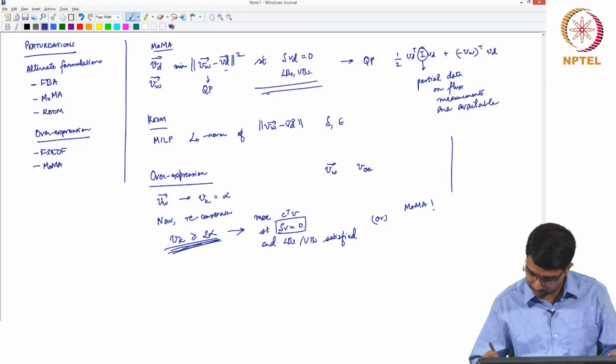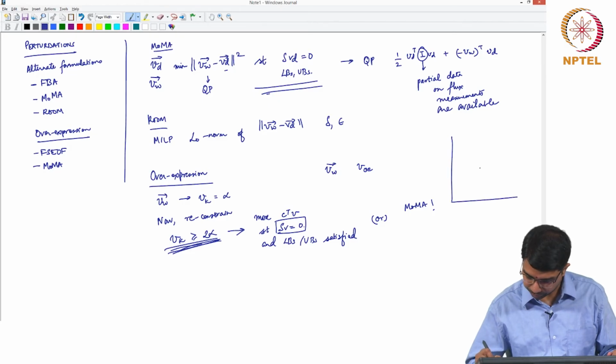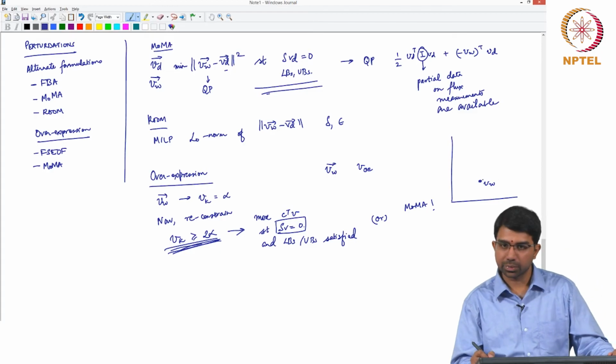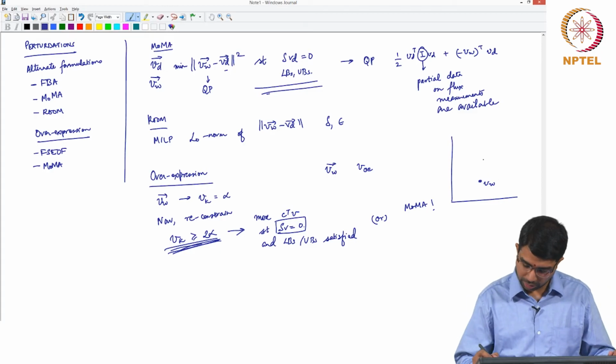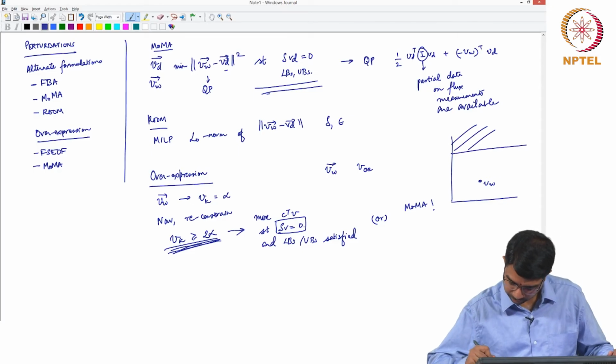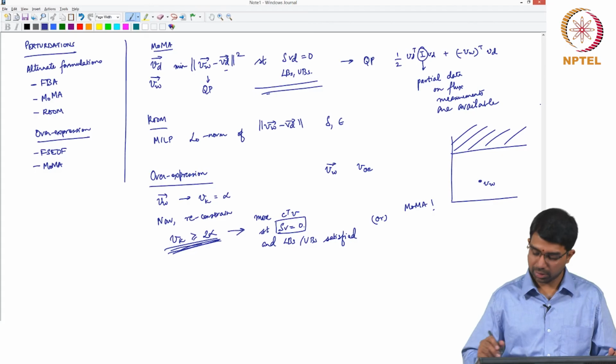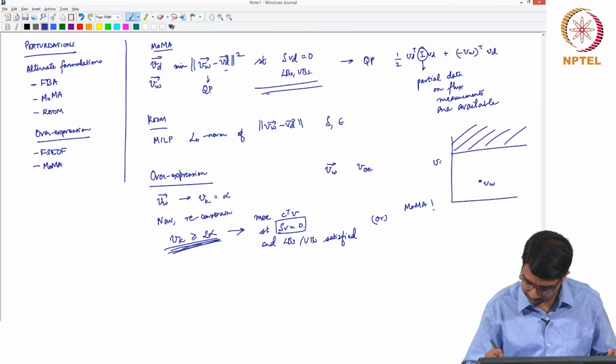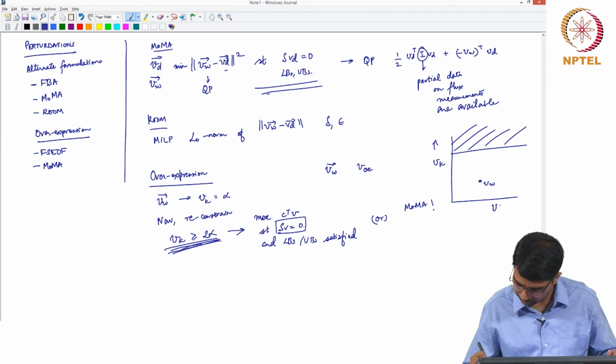So let us see if we can capture it geometrically. Let us say this is VW, right. So, now I am saying find something here, right. Let us say this is Vk and let us say Va or something.